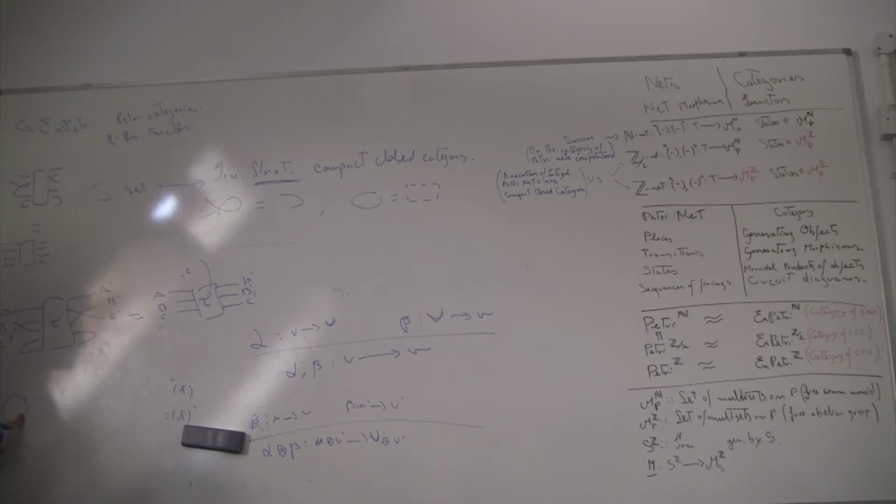You want to keep track even when you have two tokens of the same color, when you invert them, because the swap on A tensor A is not the identity on A tensor A. Yeah. So you keep track of that, but you don't want to keep track of the fact that blue, red, blue is equal to blue.